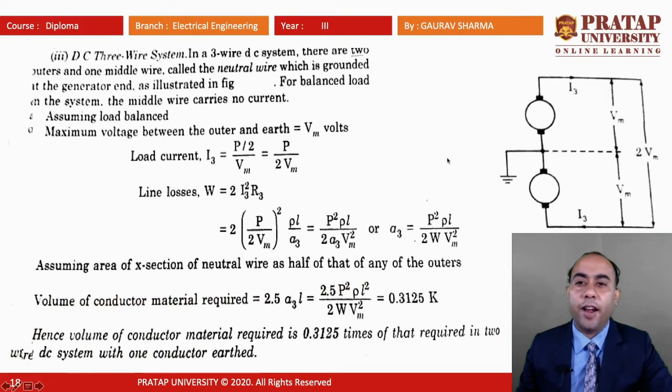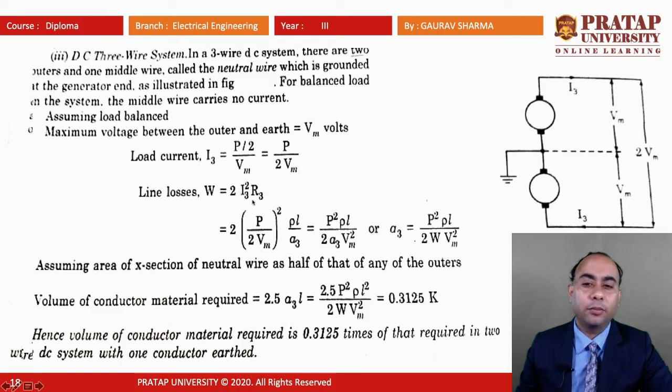Now the DC three-wire system. We draw the diagram. The current flowing is I3, and the voltage between the outers is 2 Vm, so the maximum voltage between the outer conductor and the earth is Vm. For the load current I3, if we consider half of the system, the power will be half, so I3 is equal to P upon 2 Vm.